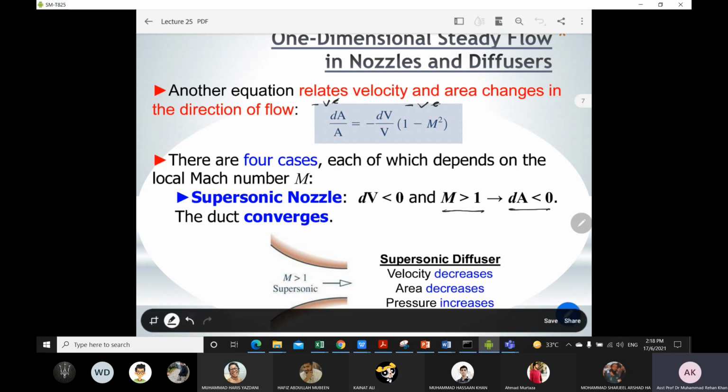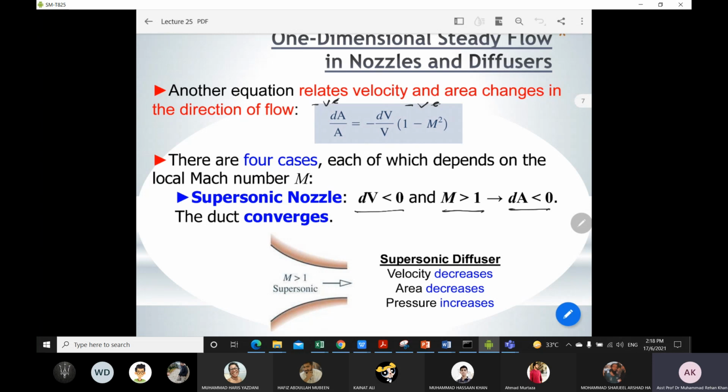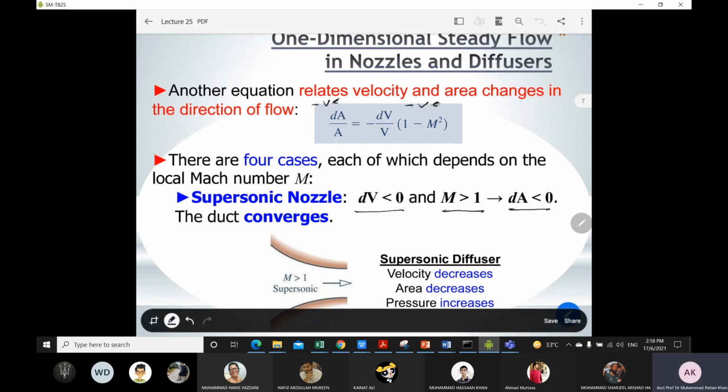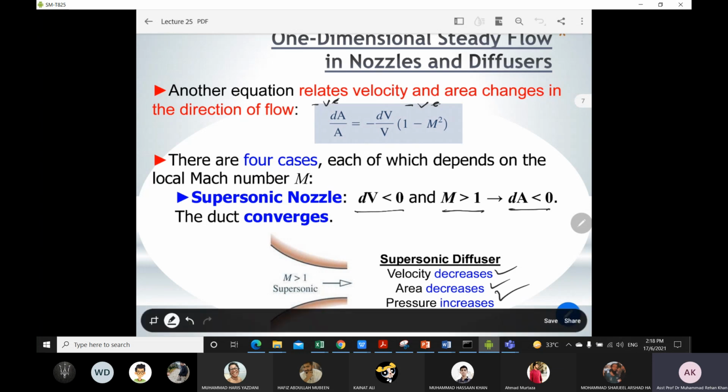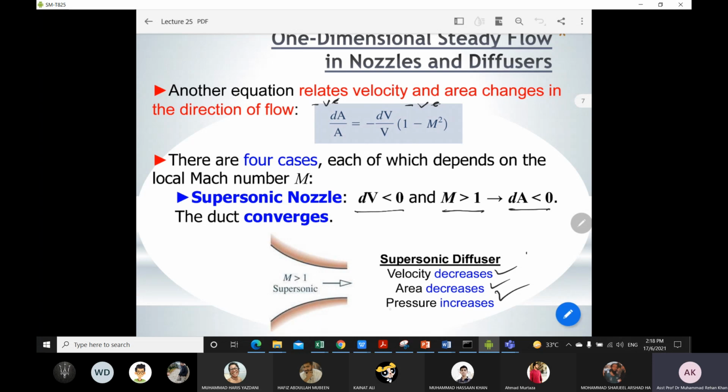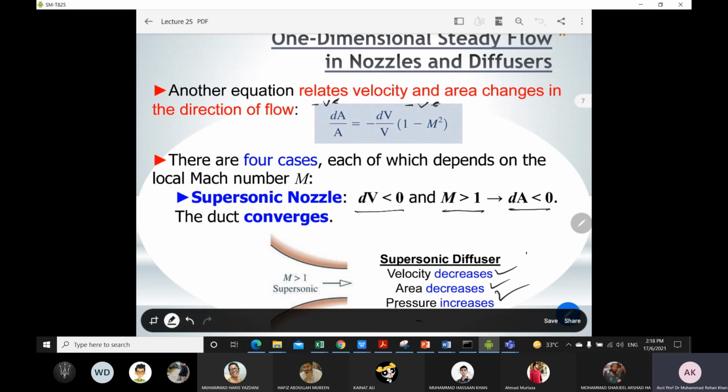So from here we can easily find that your dV is less than 0 for the case of supersonic nozzle. So velocity decreases, area decreases, pressure increases. So if velocity decreases, pressure also increases, and then your temperature also increases and density also increases in the case of supersonic nozzle.